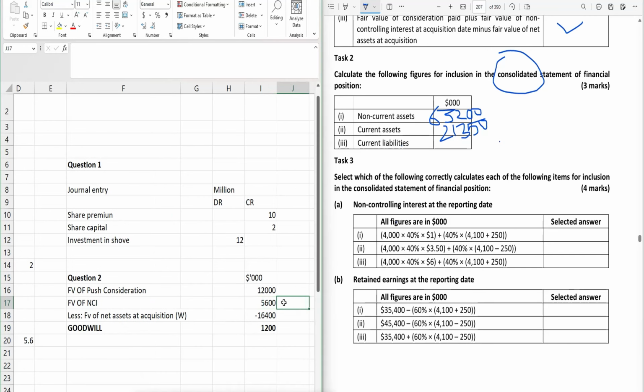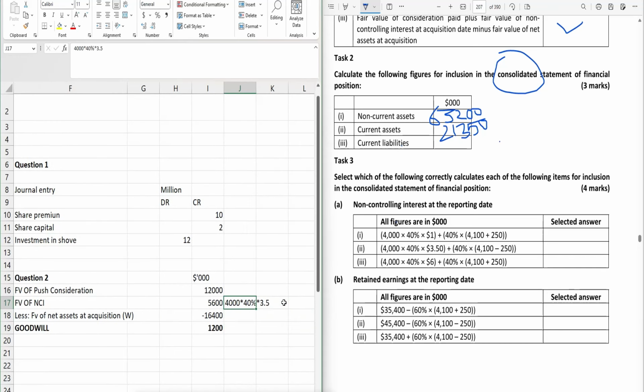We have taken the 4,000 shares of the SOW, and as the SPOOS acquired 60%, the remaining 40% belongs to the NCI. And the fair value of the SOV asset was 3.5, if you remember the paragraph. So this will be the calculation for the NCI.